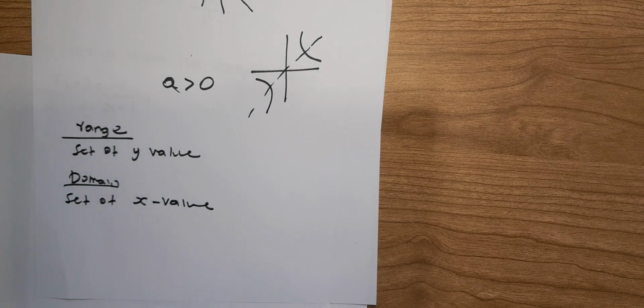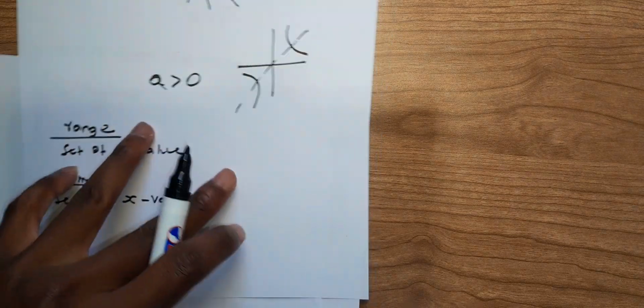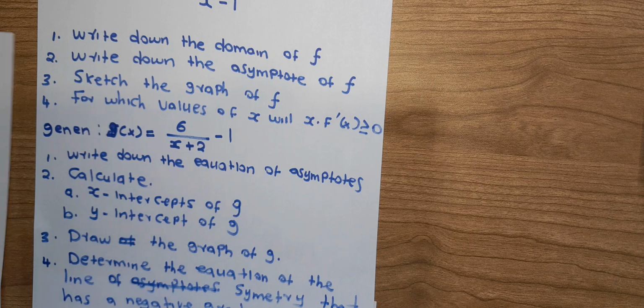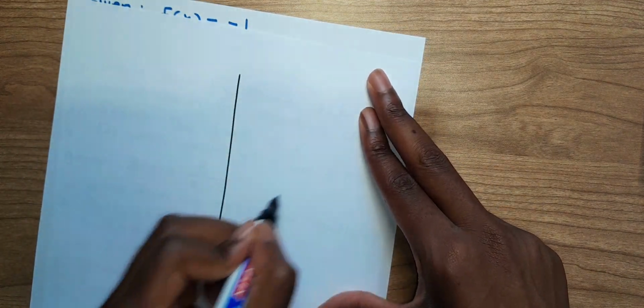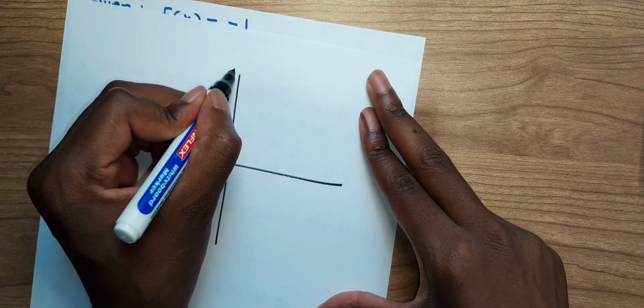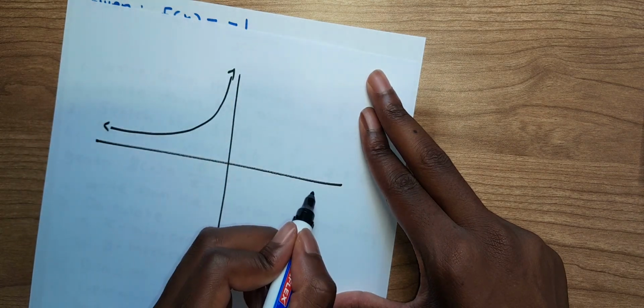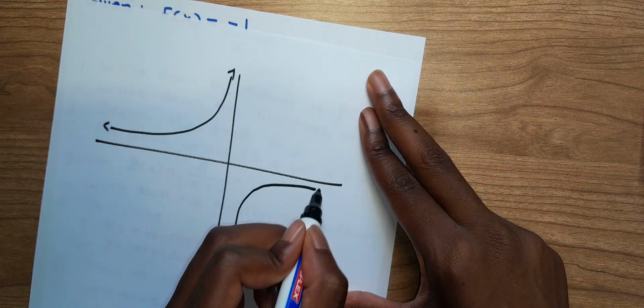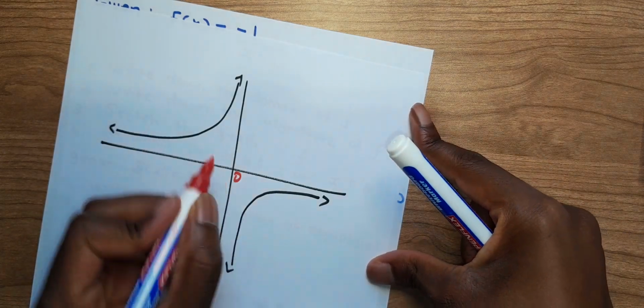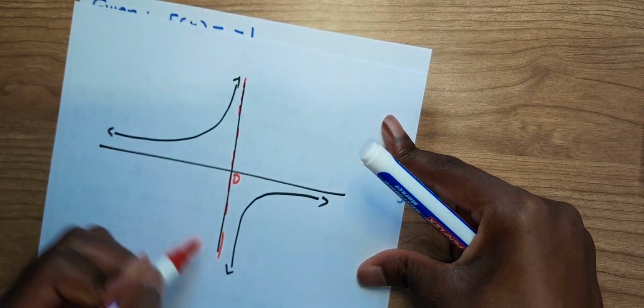So let's talk about something. I think this is important for me to talk about. Let me just use a dummy graph. Let's say we have this graph. It has something like this, and then it also has something like this. Our asymptotes here are at 0 and 0.